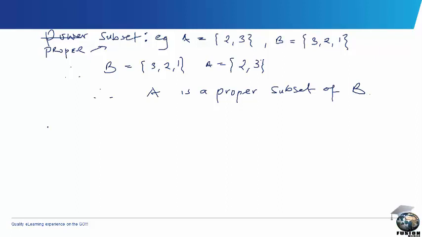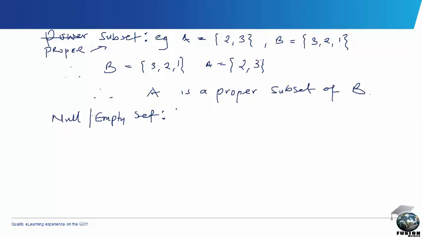Alright, we go over to defining null sets. Null or empty sets. This set contains no elements in it, not even 0. So even 0 is an element, so if 0 occurs in a set, then it's not a null set.